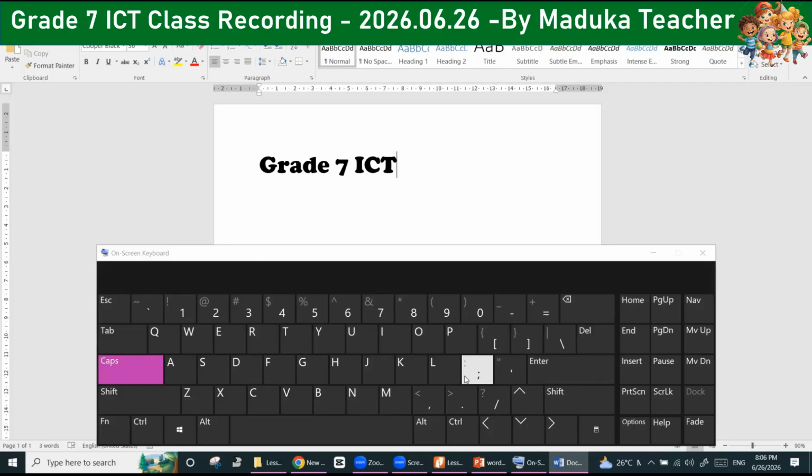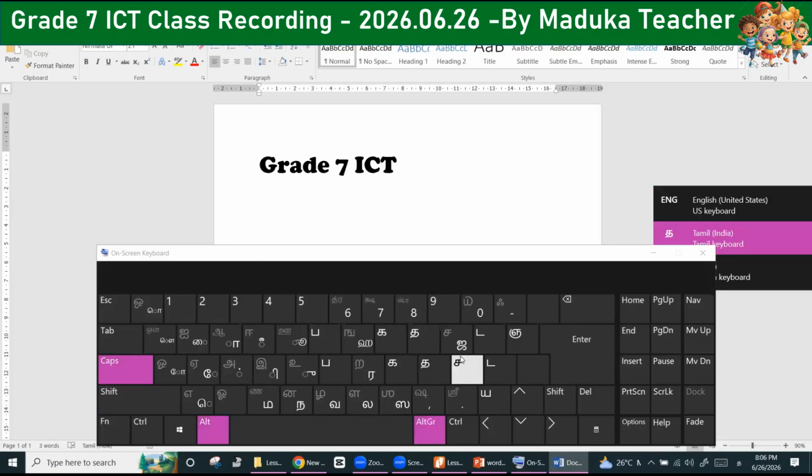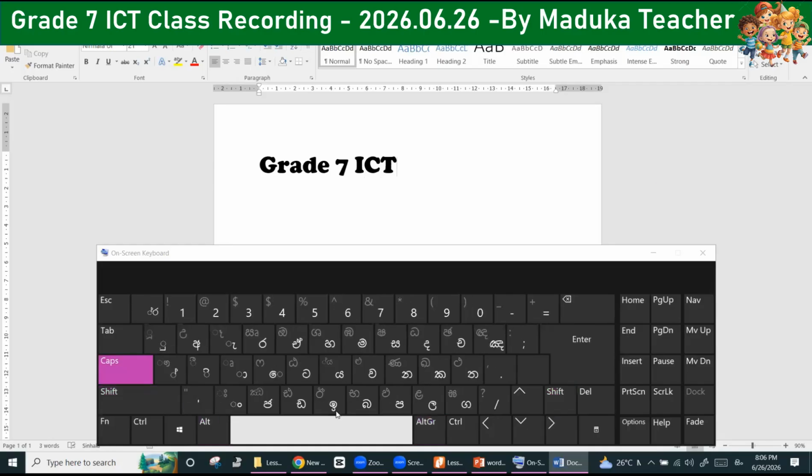If you want, I can type using a single key also.